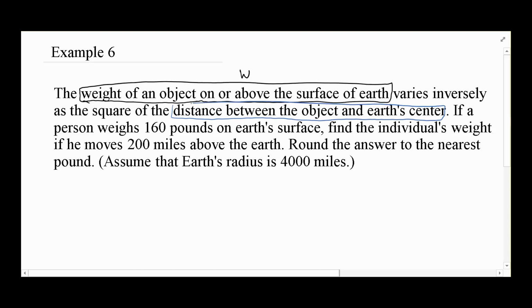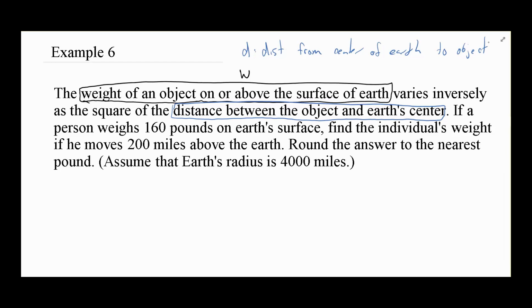It's important to see how this is defined. So it might be worthwhile to write it up here. We're going to call it D, and distance from center of Earth to our object, whatever that might be. All right. So there's what's going on in this problem.